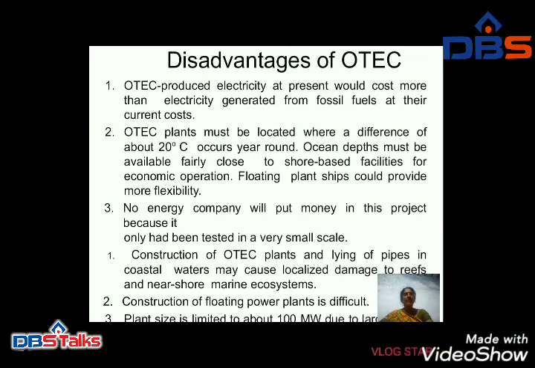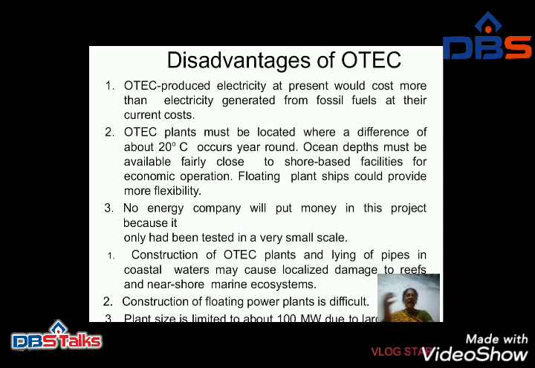And when you talk about what the applications of OTC systems are, these OTC systems have many applications and uses. This will be used to generate electricity and desalinated water, support deep water mariculture, and provide refrigeration and air conditioning, as well as aid in crop growth and mineral growth.